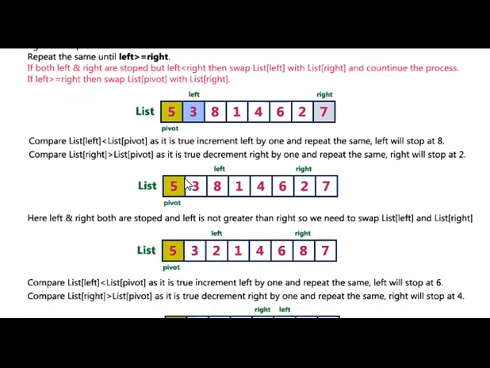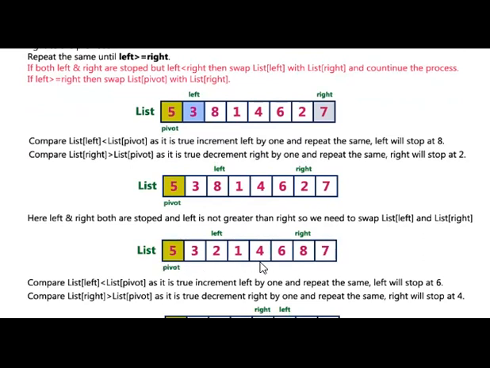So we check whether the left is greater than or equal to right. Yes, this condition is also satisfied. So we exchange the left element with the right: 2 comes to the left side and 8 goes to the right side.